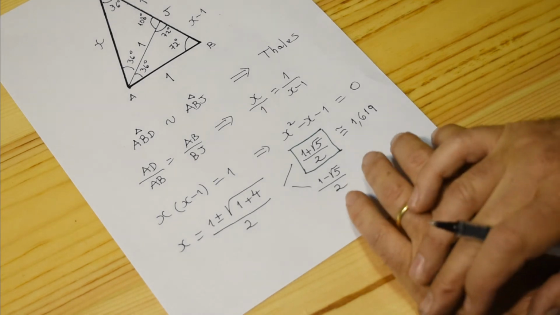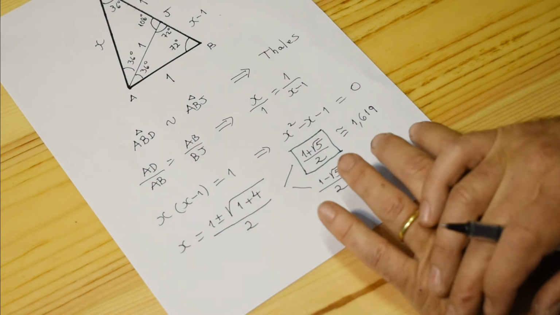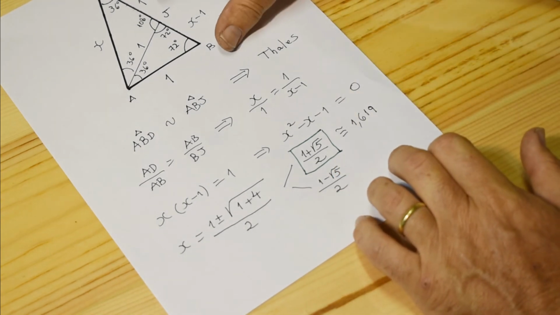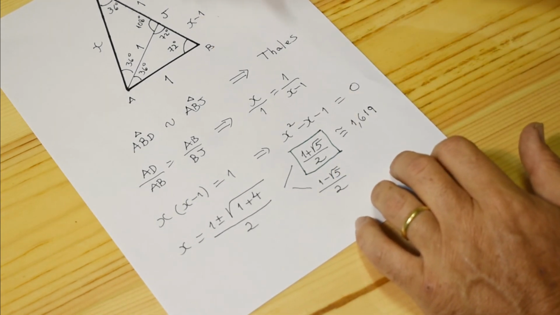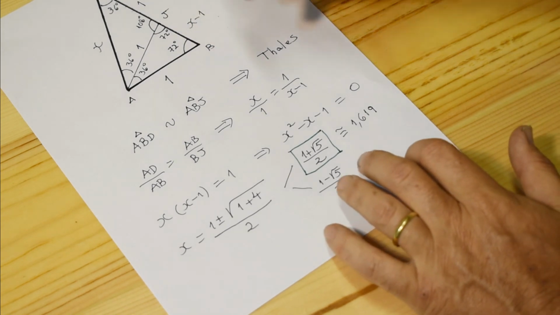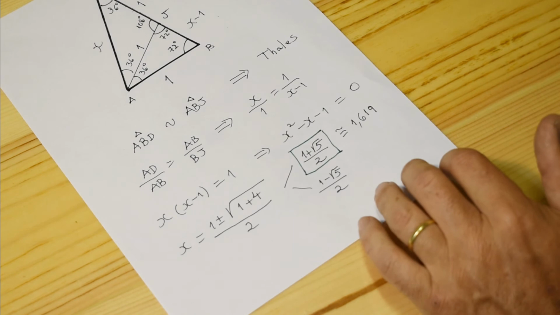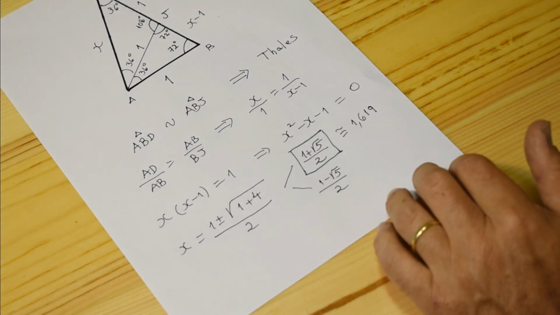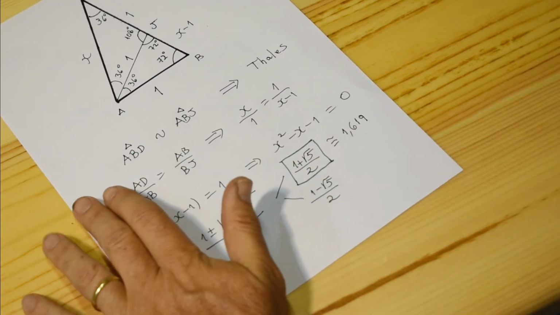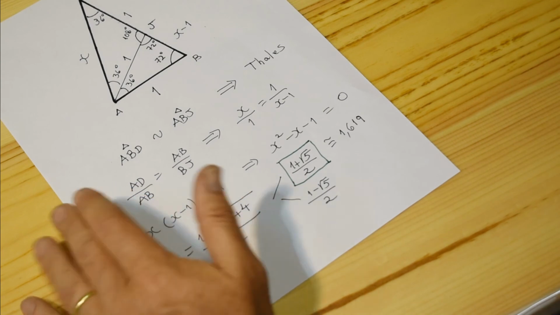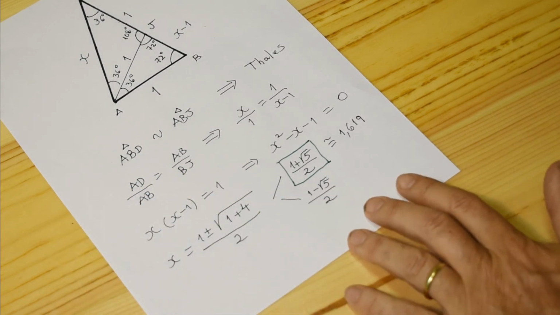So we can deduce now that exactly the diagonal of a regular pentagon of side 1 is the golden number, which we have constructed by the Pythagoras theorem. Well, this is a pentagon with side 1.